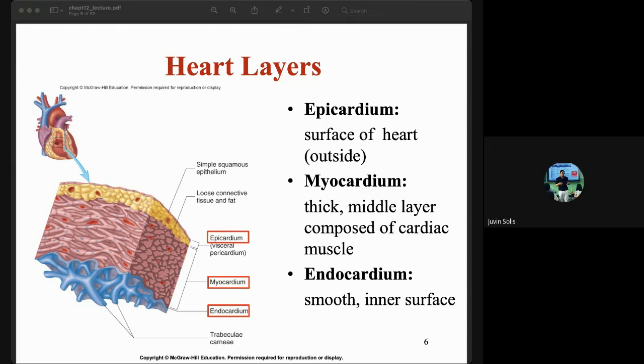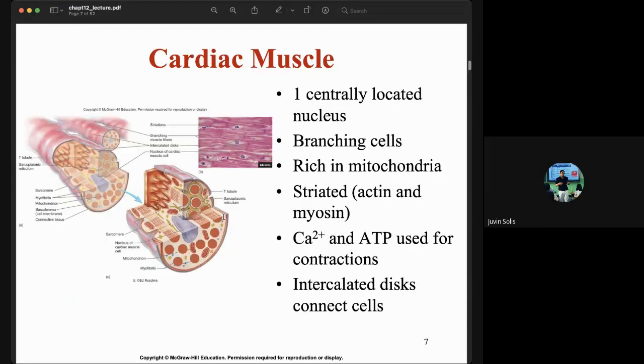Okay, very good. So this one is a microscopic picture or illustration of our heart. You can find this one, I think, in your book. No, I don't think it's in the book. Well, anyway, this is your cardiac muscle. It says here that it has one centrally located nucleus, which is the purple part here, and it has branching cells.